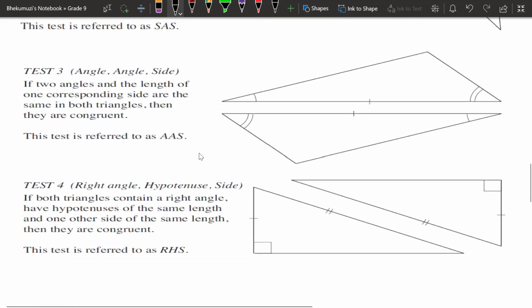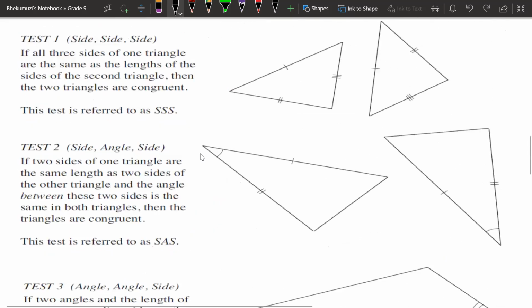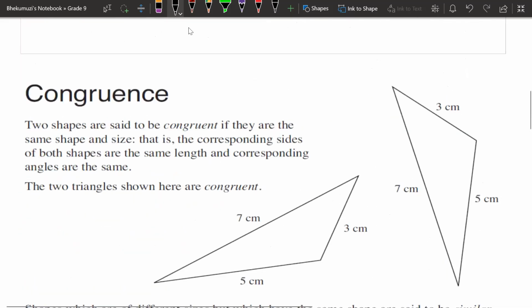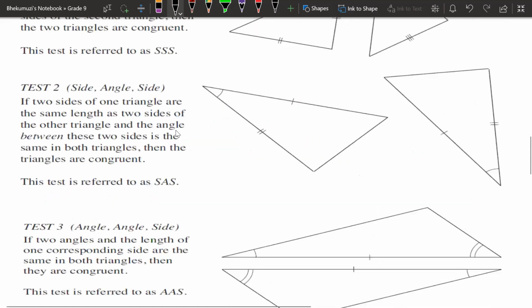Now, another thing is that when we signify something being congruent, we use basically this sign. We use these 3 lines going down like this to signify congruency, where you'd have a triangle and triangle being congruent to each other, okay?